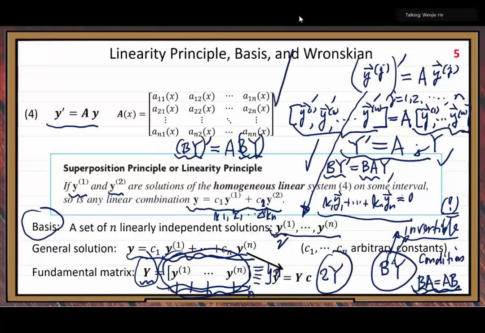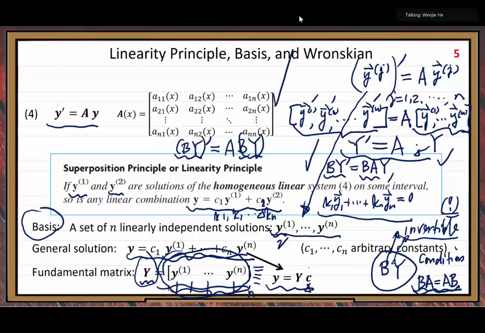So here, the general solution. What's the general solution? Why is this fundamental matrix useful? Because any general solution Y can be represented as the fundamental matrix capital Y multiplied by a C vector.